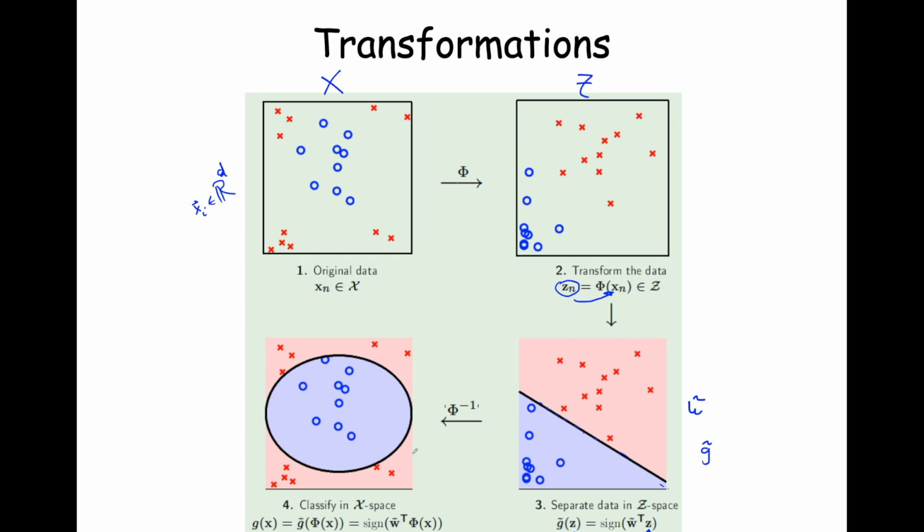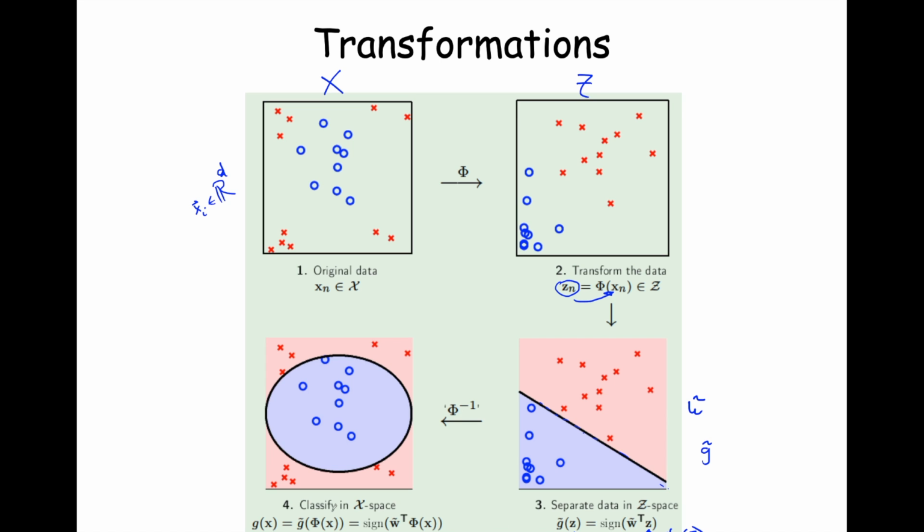And so if you are given a new input in input space, x, you can classify in x space using your transformation. Well, this final best hypothesis in x space is nothing more than g tilde evaluated on this phi function over that new input x. Because if we want the sign of w tilde transpose z, well, we said z is equal to phi function evaluated on the corresponding x.